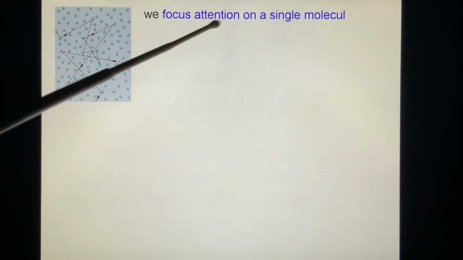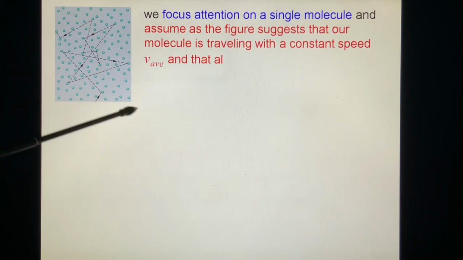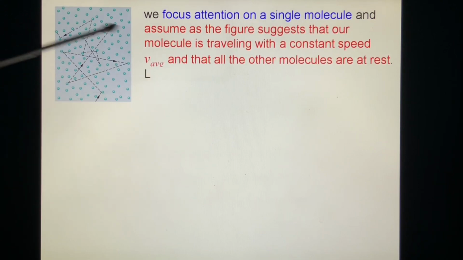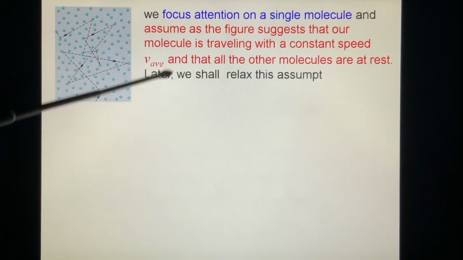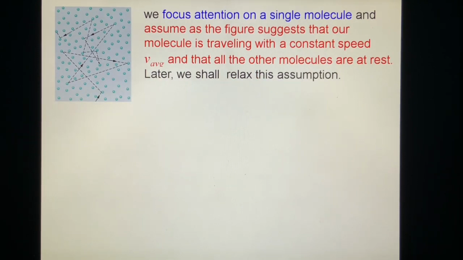Now we look at this one. We focus attention on a single molecule and assume, as the figure suggests, that our molecule is traveling with a constant speed v average, and that all the other molecules are at rest. Later, we shall relax this assumption.